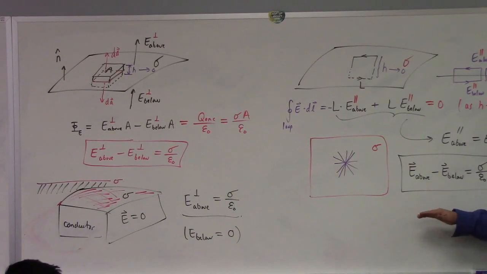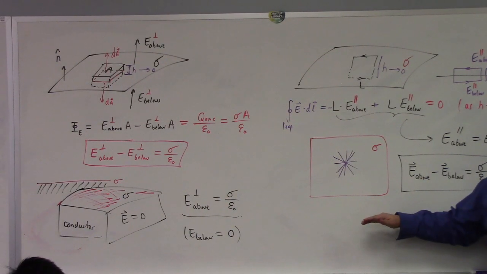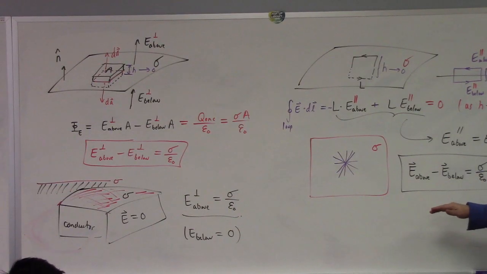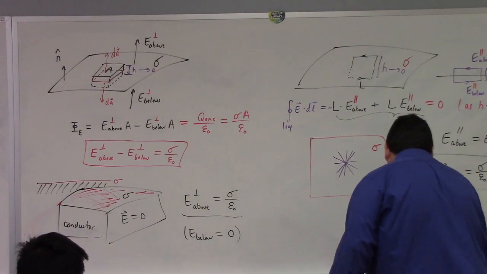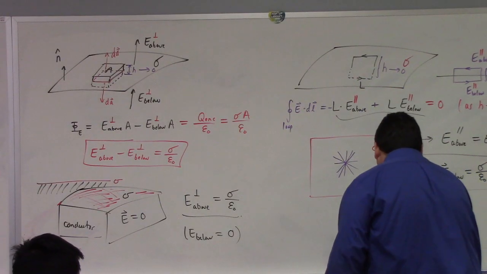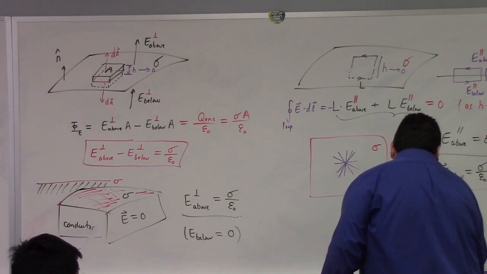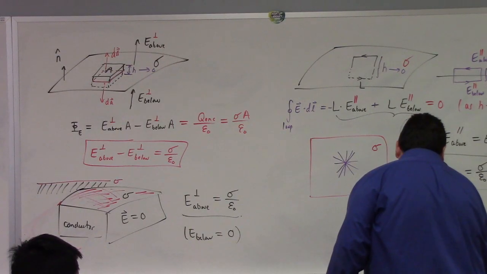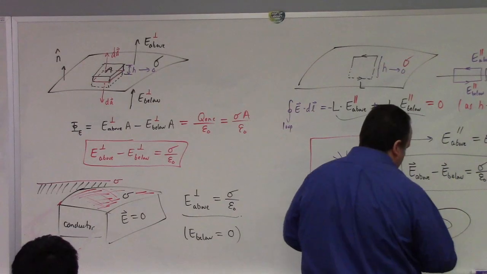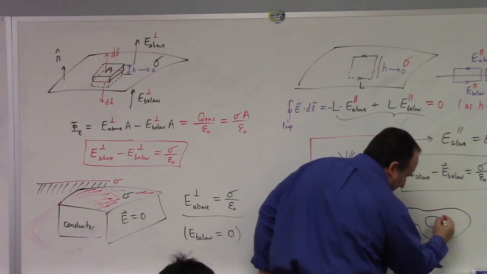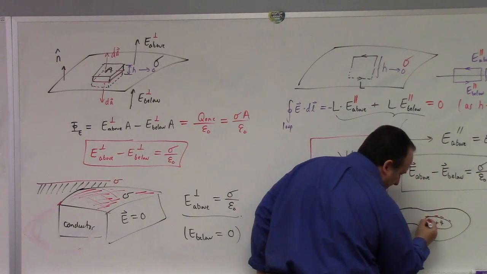Otherwise, in the electrostatic case, it wouldn't be static. We'd have moving charge. So in a nutshell, if you have a conductor, it has to look something like this. There can be a hole inside. There could be a positive charge in here, Q. And of course that'll induce a negative surface charge in here.